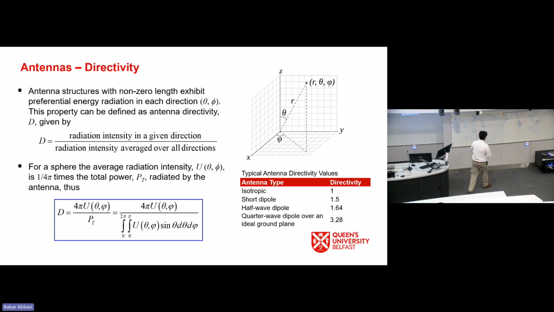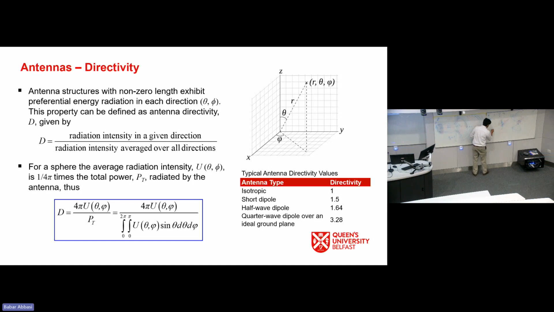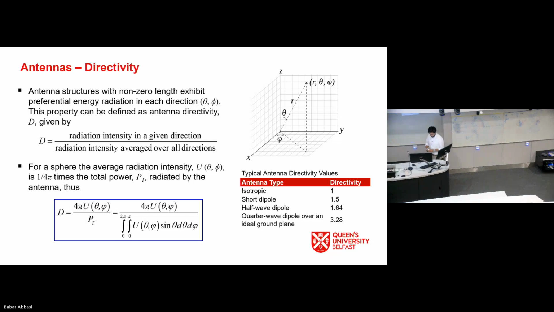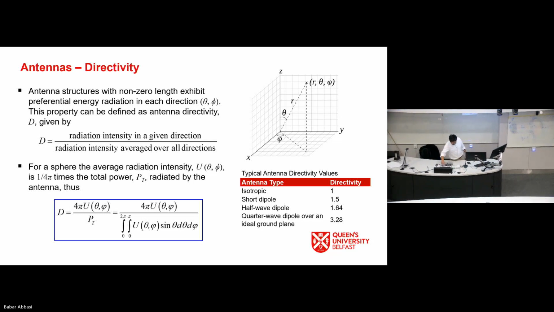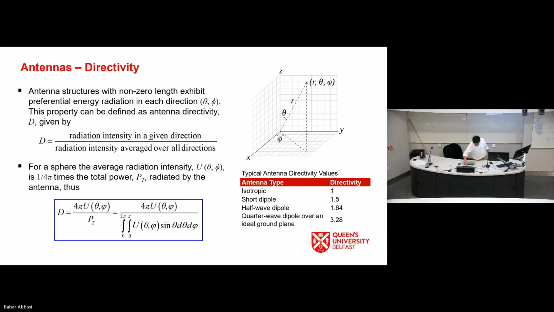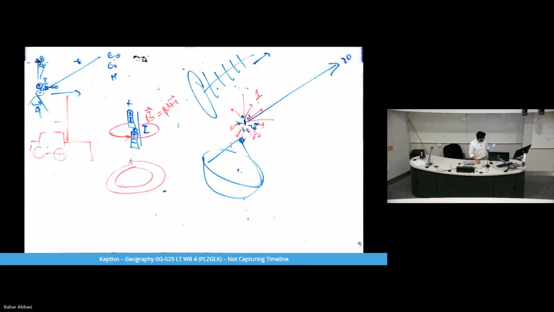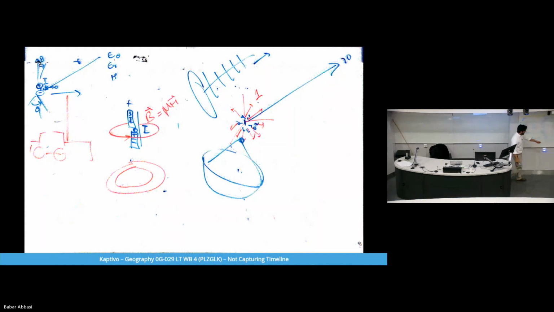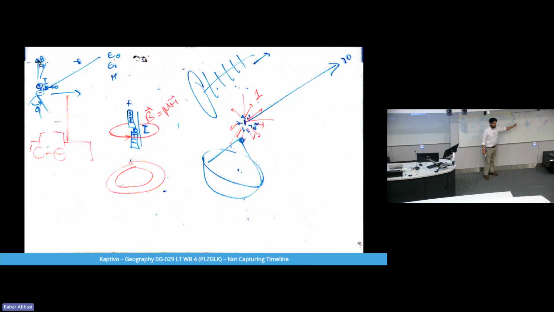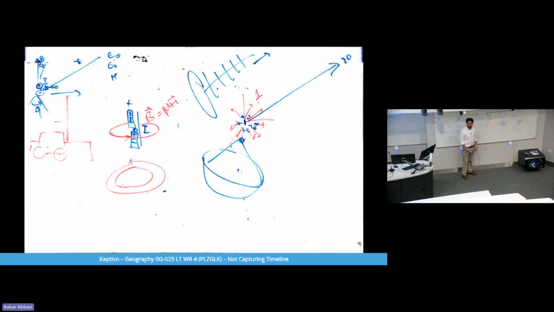You might have seen many monopoles. Have you ever seen a vehicle with this thing, something like this, with a long leg connected to it?